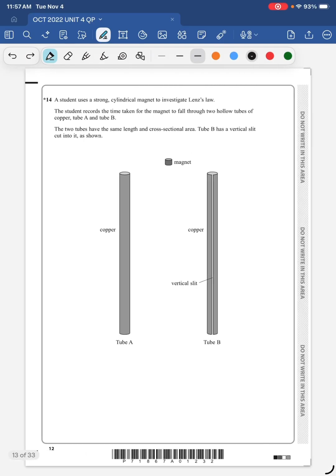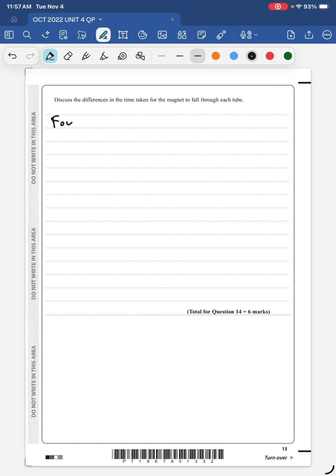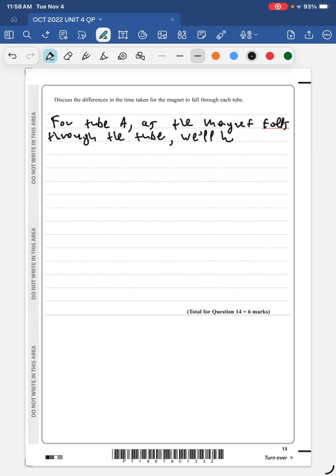So tube A is closed and tube B is open. For tube A, as the magnet falls through the tube, we have a change in the magnetic flux that goes through the tube.